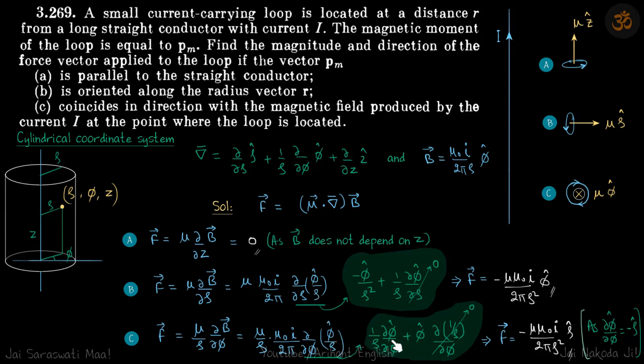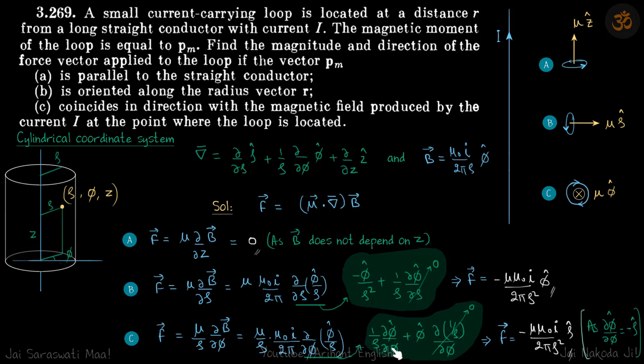Again we'll break this, and this will be 1 by rho dou phi cap by dou phi plus phi cap dou of 1 by rho by dou phi. Rho is independent of phi. If you just move around on the periphery of the cylinder, phi is changing but rho is the same. So this becomes 0, and you will get your answer as this.